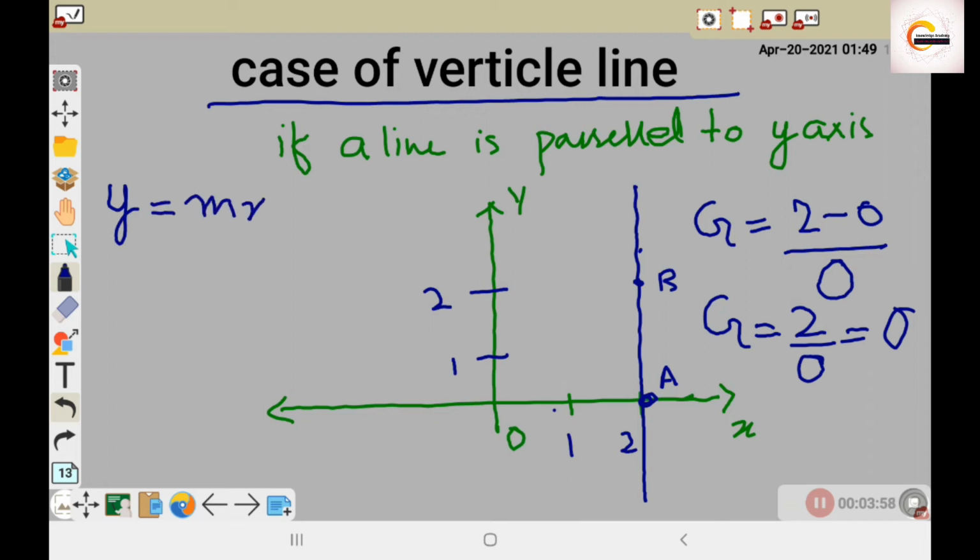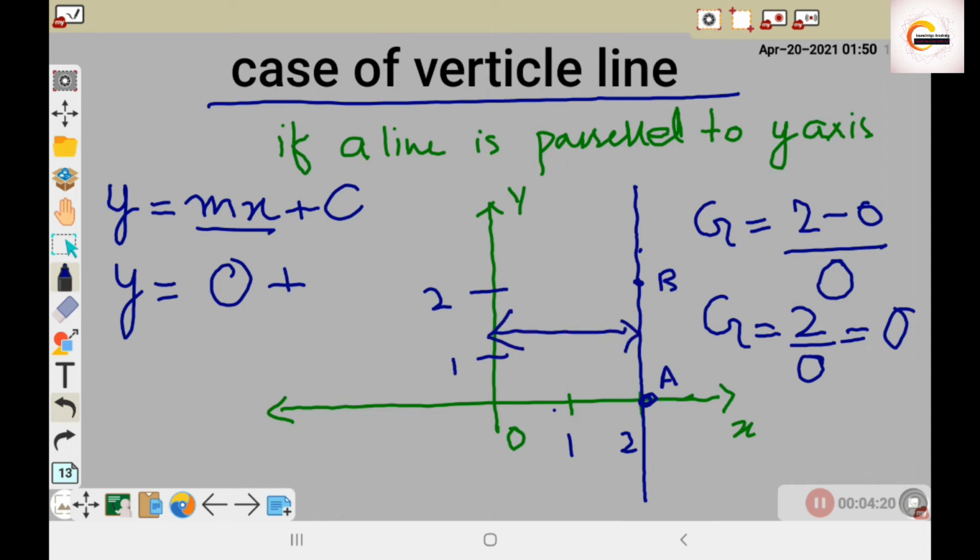So if y = mx + c is the equation of the straight line, we know that m is 0 and the y-intercept is also 0, right?